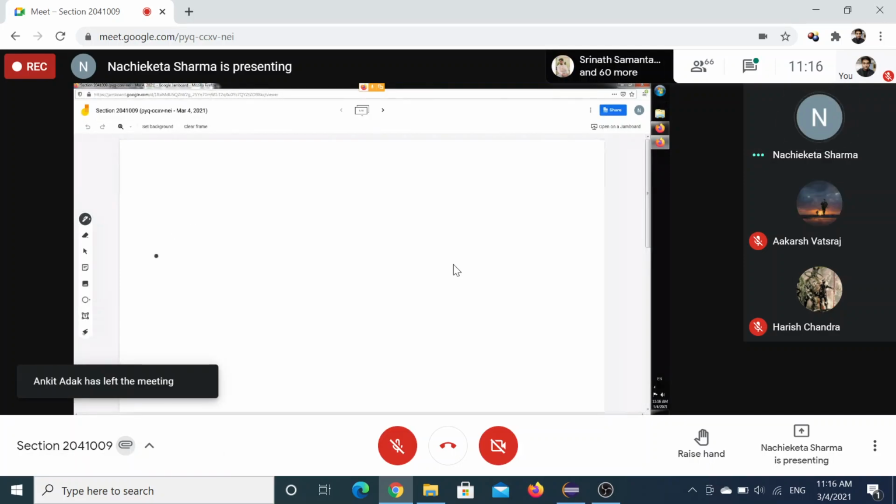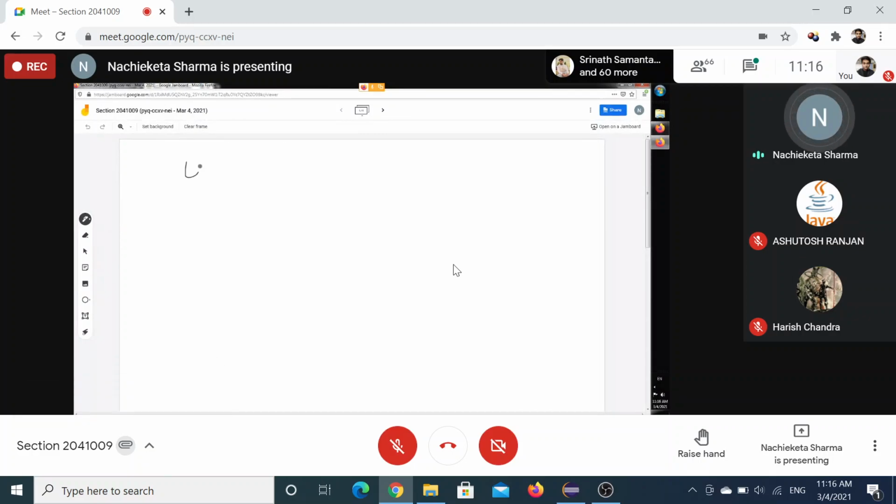So we have the equation Vx for linear motion. Vx is equal to v naught x plus axt. Now for angular motion, in place of Vx we will write omega z.